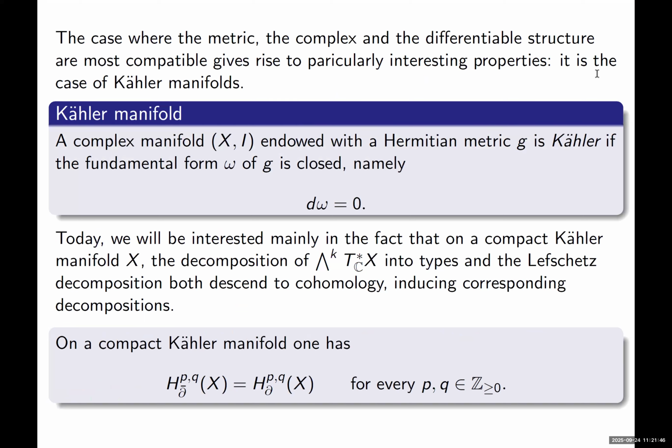We have now, with respect to what we were saying before in the complex vector space case, something more. We have the geometry, which is essentially encoded into the differential.